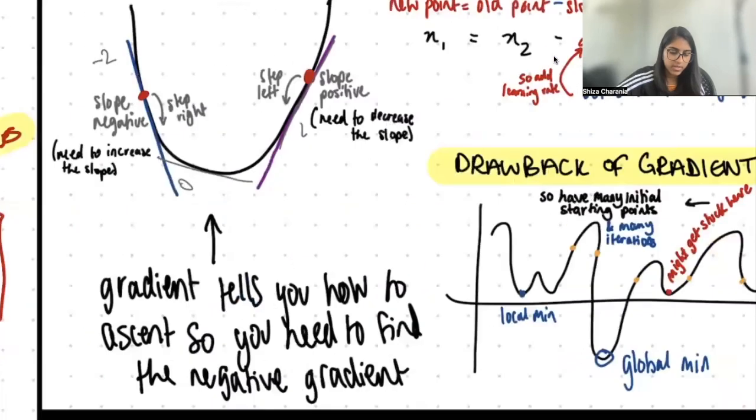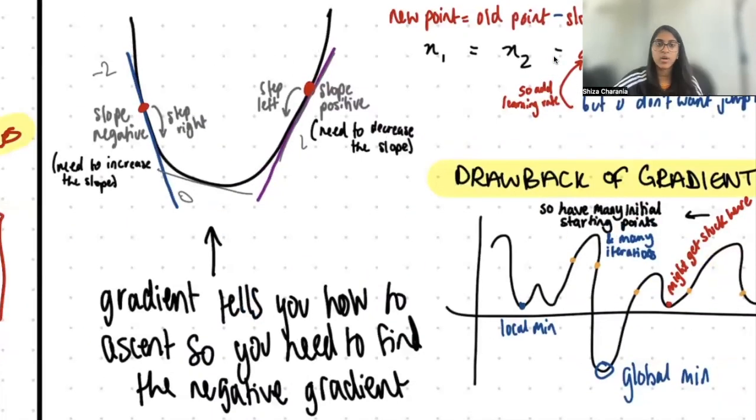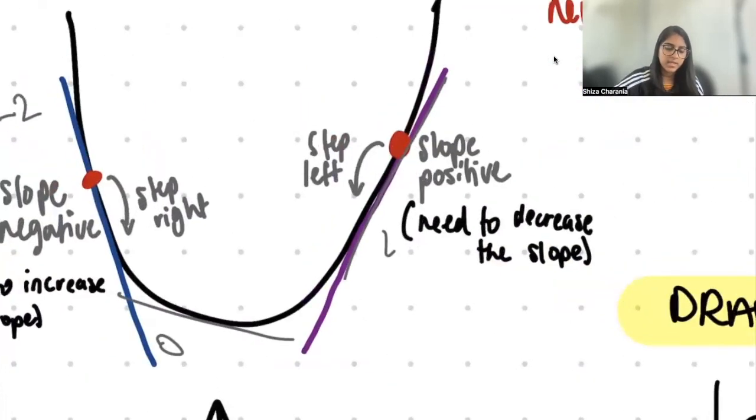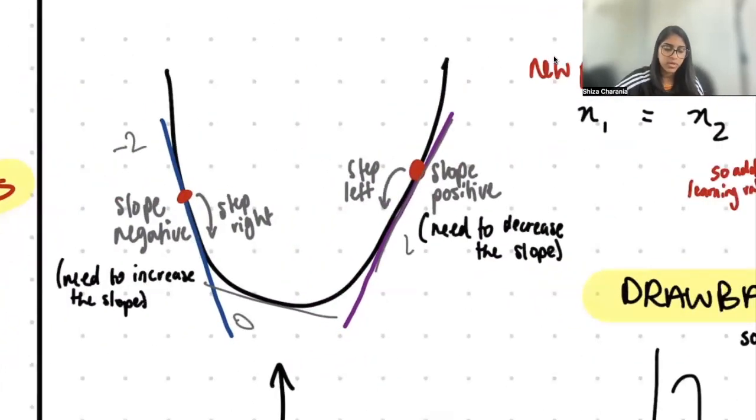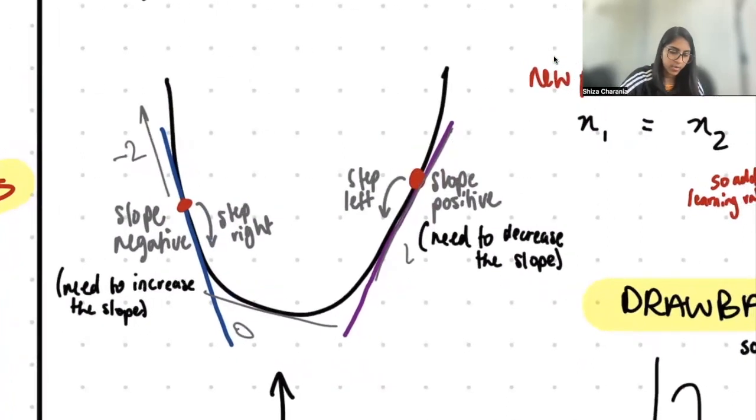So the gradient tells you how to ascend, but you want to do descent, right? So you need to use the negative gradient, because the gradient here would end up telling you a negative value, so when you update it, you would just end up going up.